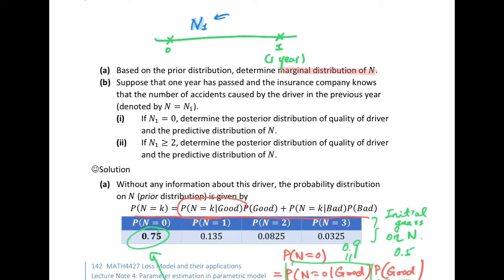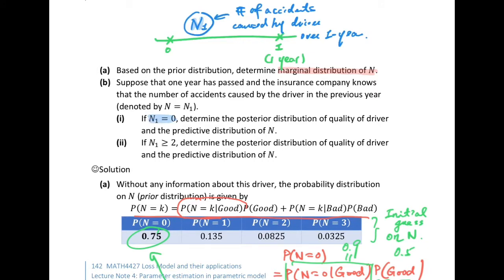So that will be the number of accidents caused by this driver over this 1 year period. Then they can use that to estimate the new distribution of the quality. Now we consider two scenarios. First, let's say we find that in the past 1 year there is no trouble caused by this driver.